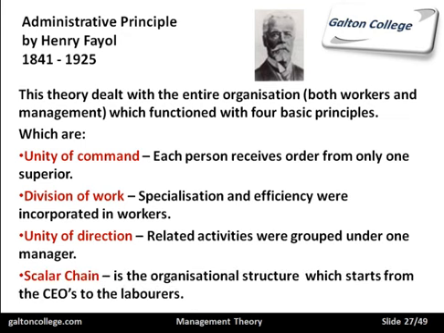And there's something called a scalar chain, the organizational structure which starts from the CEO to the labor. You can trace it all the way back. You can start at the top and work to the bottom, or vice versa. There's a route through the organizational chart to show that.